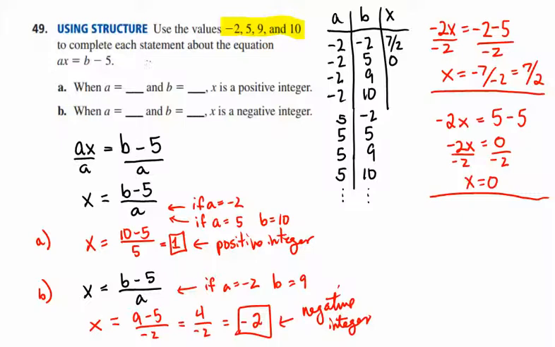A would be 5, B would be 10, and that will give us an x value of 1. And in the second one, when A is -2 and B is 9, then x would be -2, and that is a negative integer.